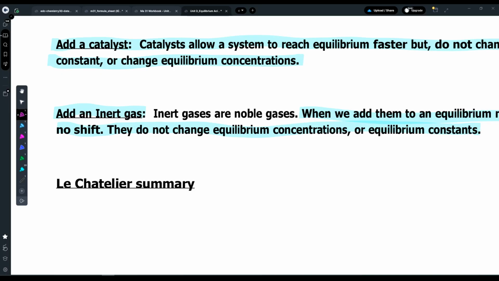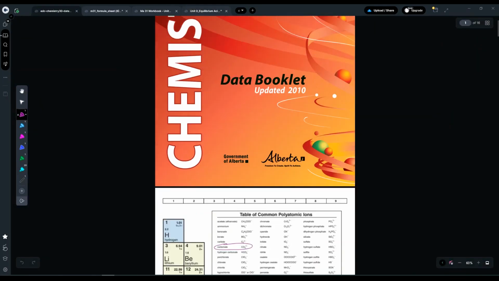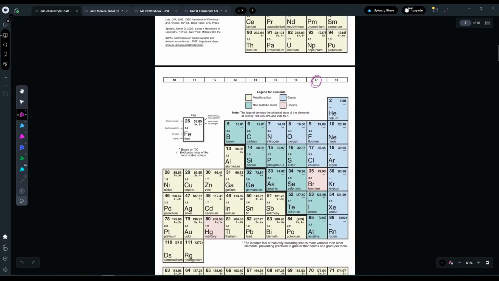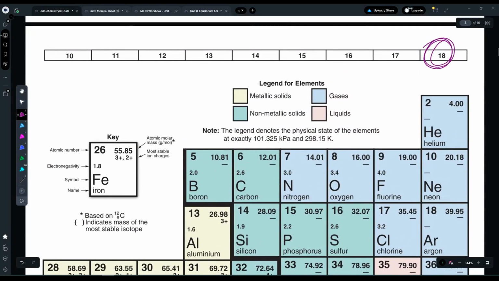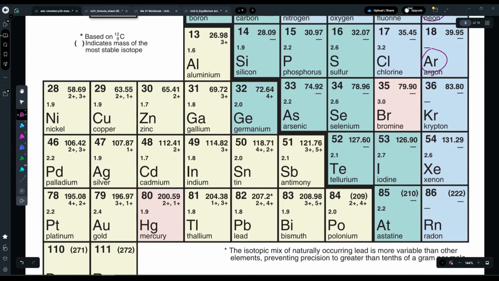So inert gases, if you look at your periodic table, your noble gases or your inert gases, they are all the gases in group 18. So that's going to be helium, neon, argon, krypton, xenon, radon. It's all of those group 18 gases. Those are called noble gases or inert gases.